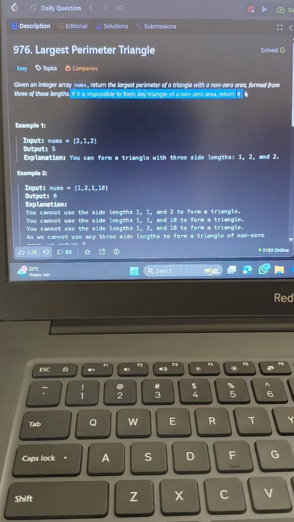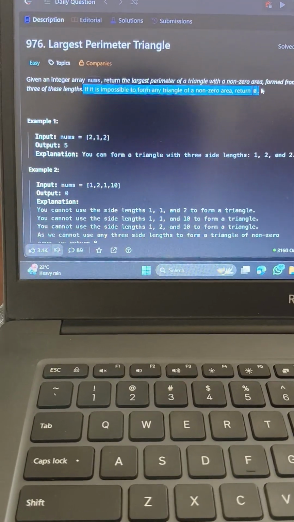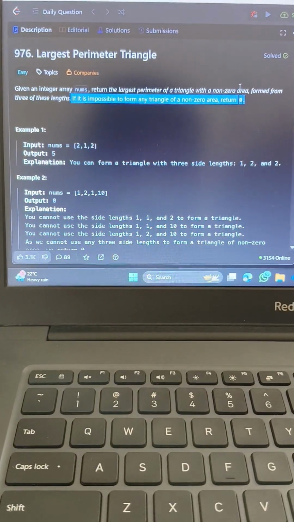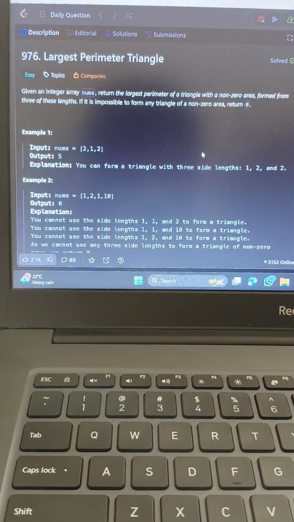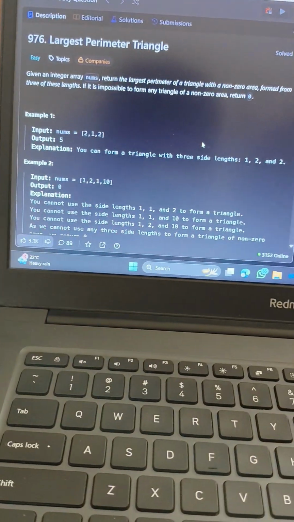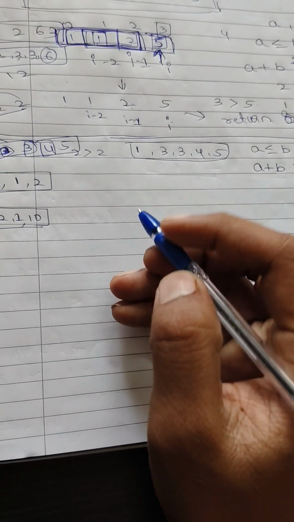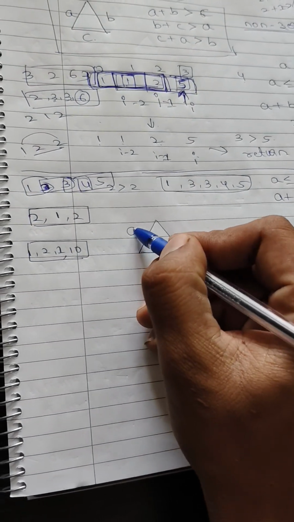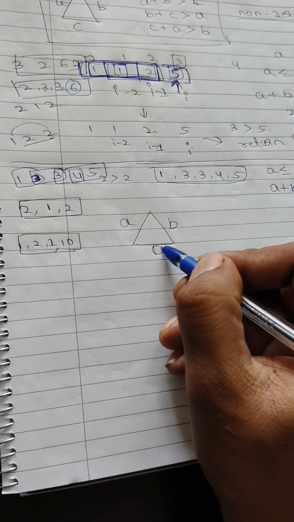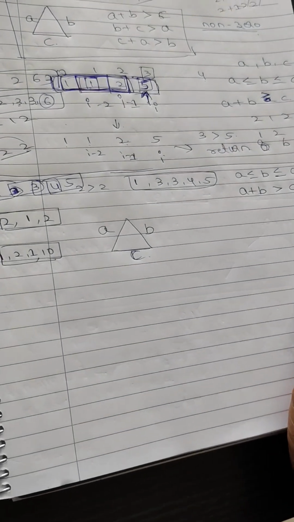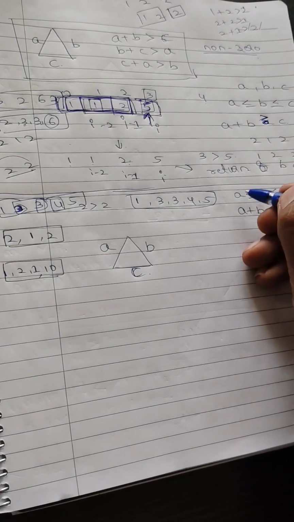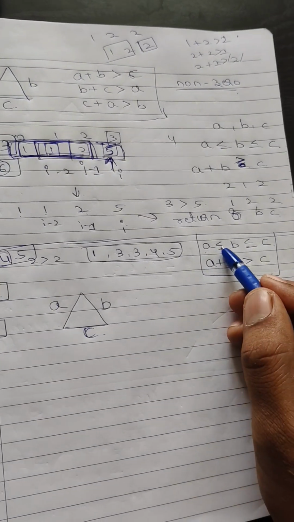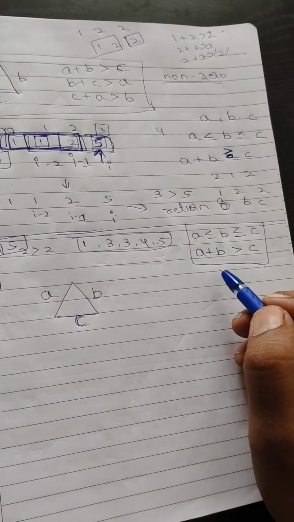Now let's go with the examples. Here they have given the nums array as 2 1 2. Before going to the array, let's explain the concept. Let's say you have a triangle ABC. A triangle has a rule, a theorem: if you have a triangle with A less than B less than C, how do you check it is valid?